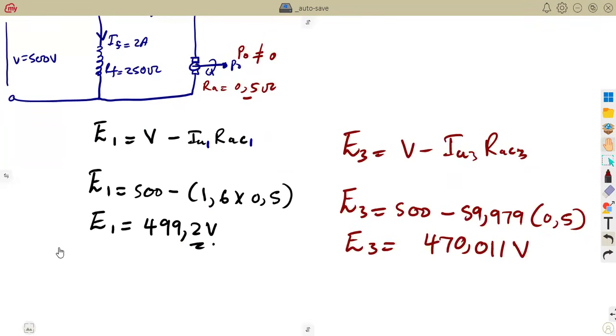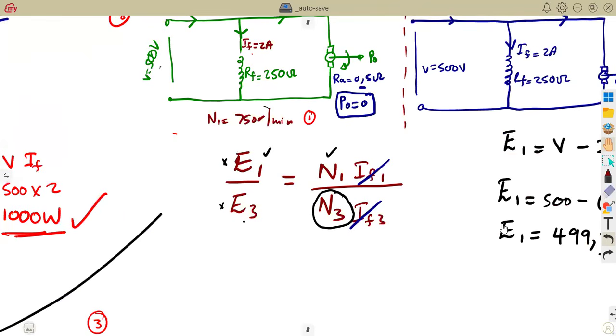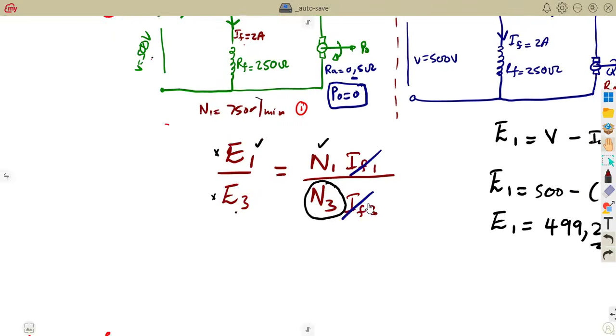So we have E1, we have E3. Like I said, guys, these currents for the field are the same, so you can even cancel that part of the field, like it's not there. It's up to you. Let's substitute into our formula to determine the speed.